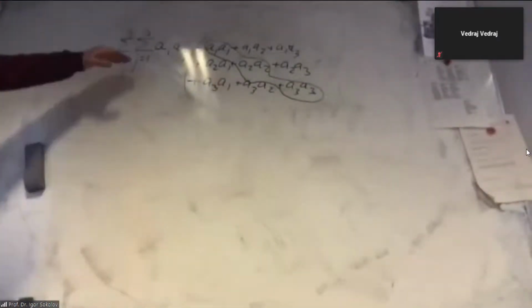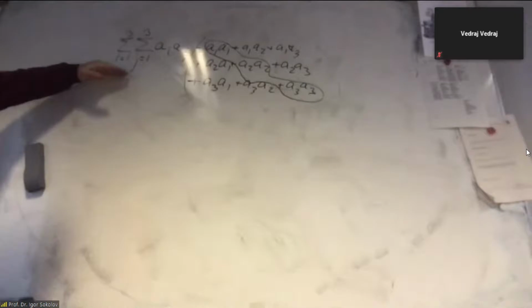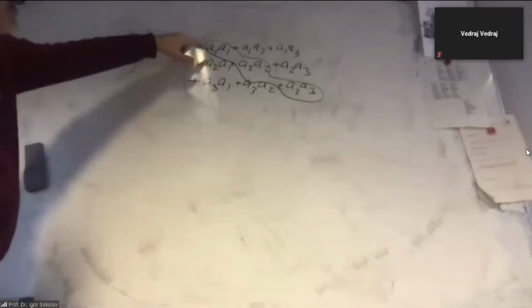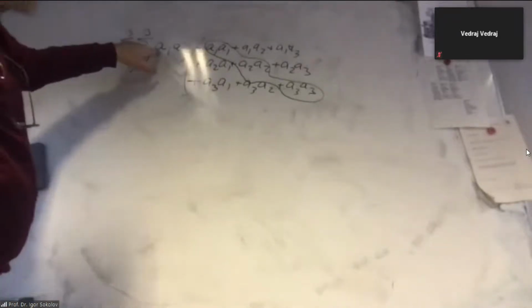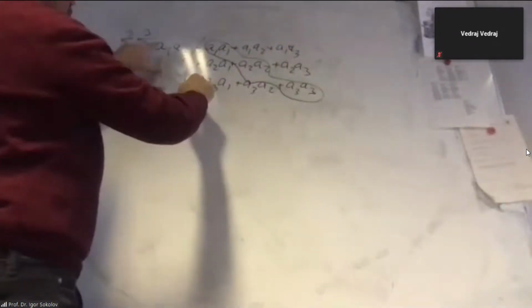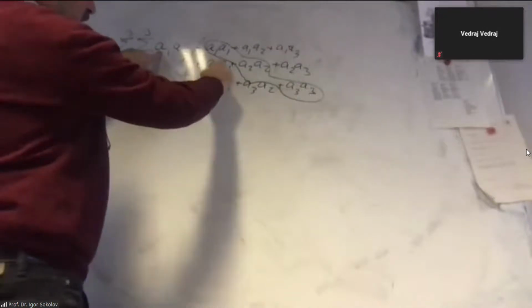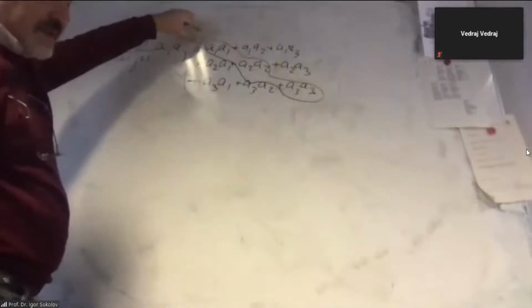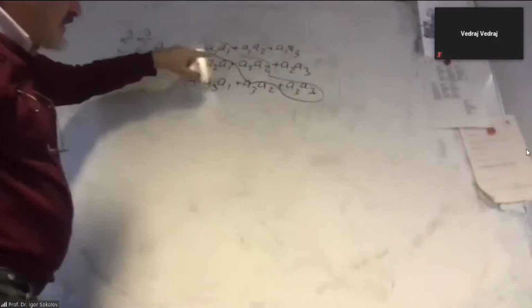So I am writing here this double sum for n equal to 3. And you see, if you fix this, first you do the summation over j: A1A1, A1A2, A1A3. Then you fix 2: A2A1, A2A2, A2A3. And you have these diagonals with the same indices, and you have the off diagonals where the indices are different.